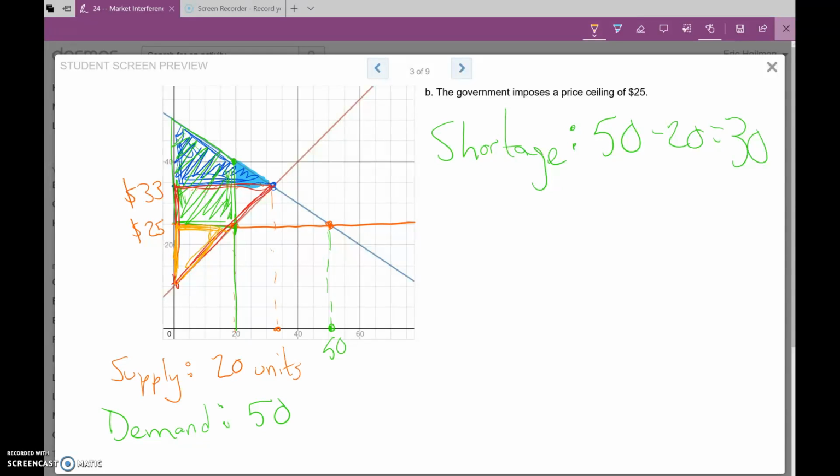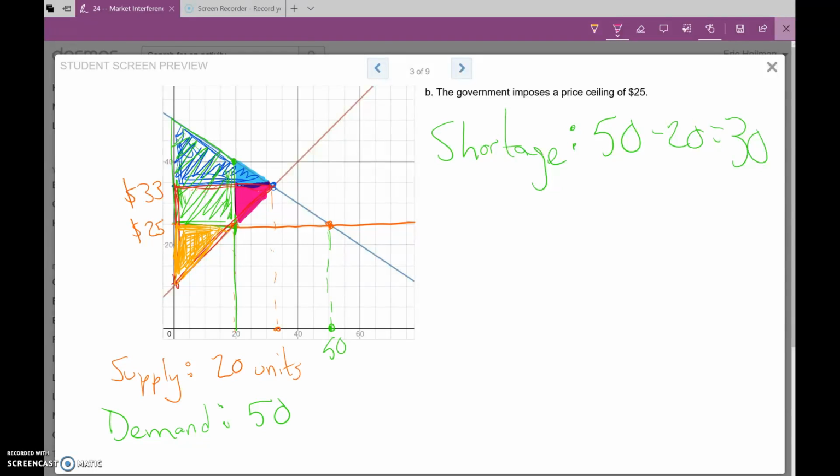So it's now this yellow triangle. So producer surplus has gotten smaller. Notice, again, we lost one piece of area, this triangle right in here.